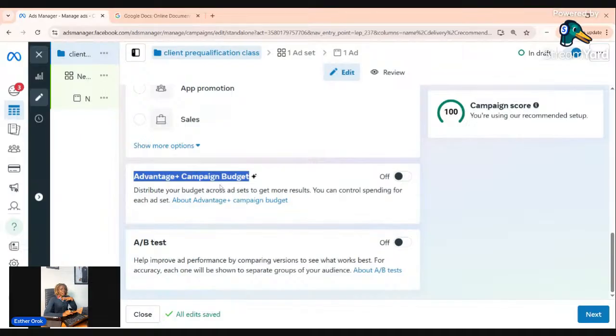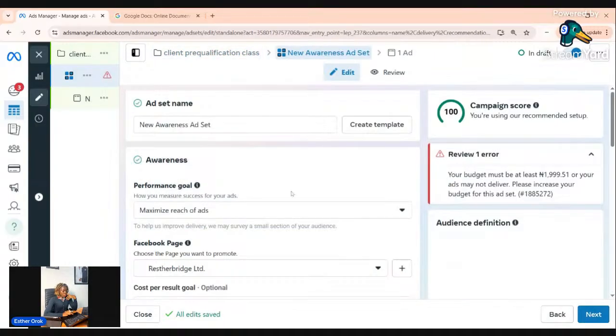So there is Advantage Plus for everything: Advantage Plus audiences, Advantage Plus placements, even Advantage Plus budgets. But you just leave that off. I don't advise you to turn that on. I want you to use your own budget. So you go next, and then we're just going to go on.